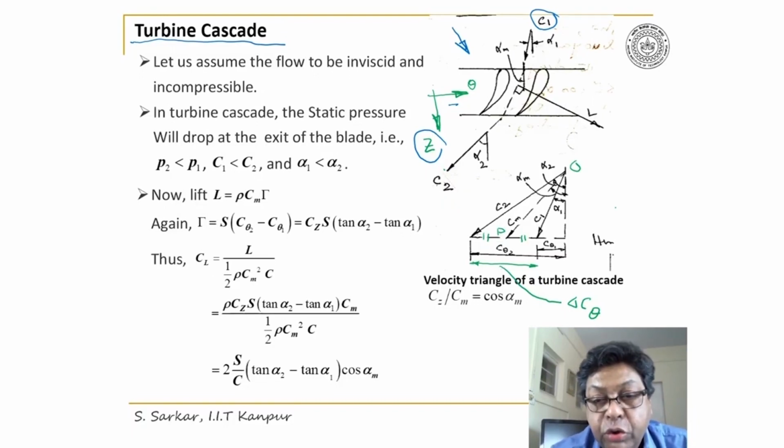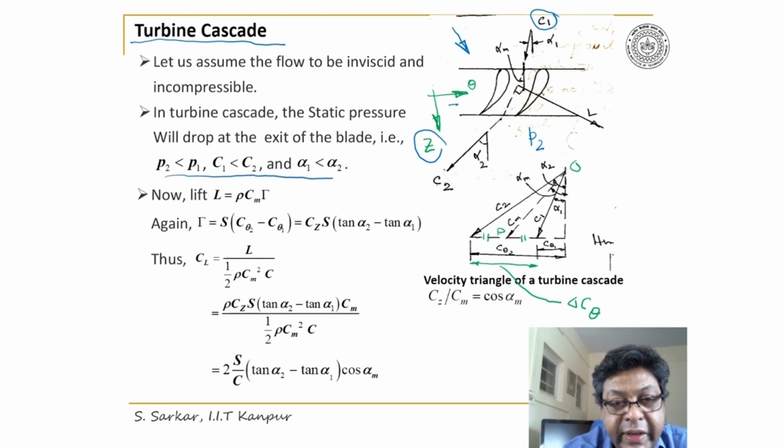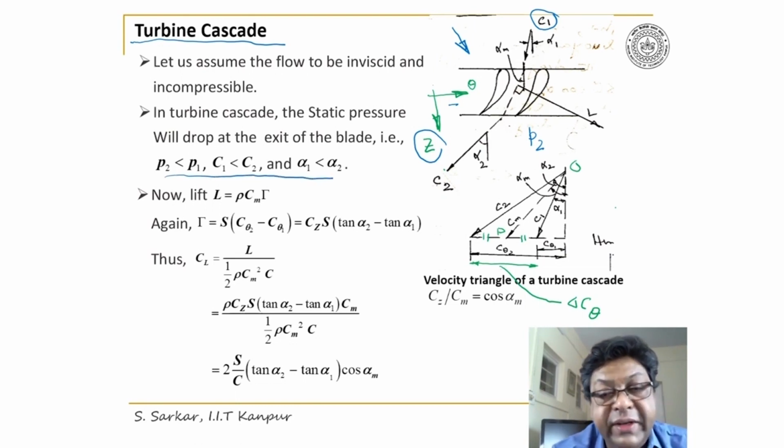But the exit pressure P2 will drop, so P2 will be less than P1. I have indicated here. As before, I have considered the flow to be inviscid and incompressible, and thus because of the turning of the flow there will be a lift.